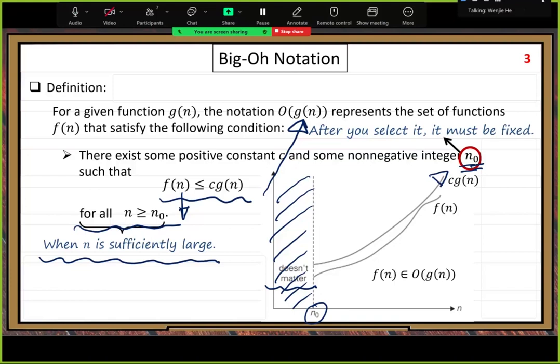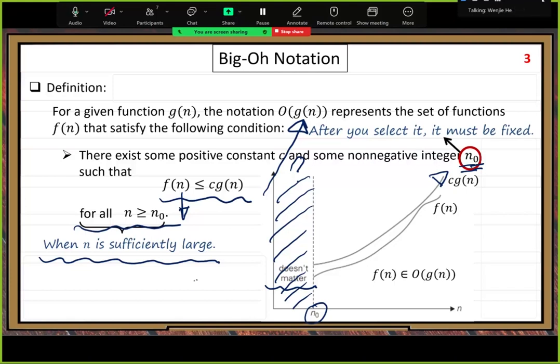So why is this part not important? Before the n0 line, when the problem size is relatively small, the performance of these algorithms could be distorted by overhead.